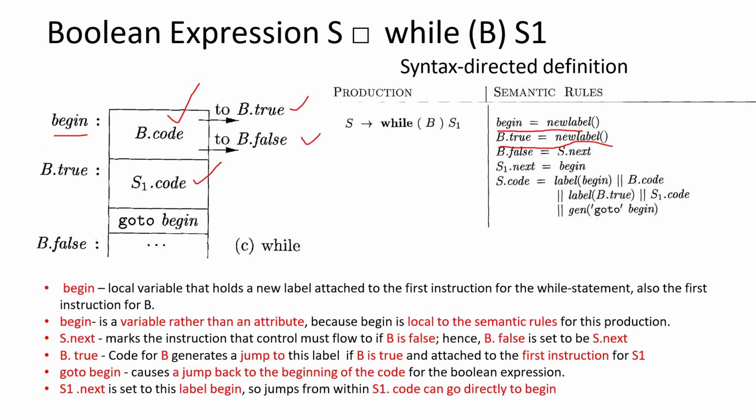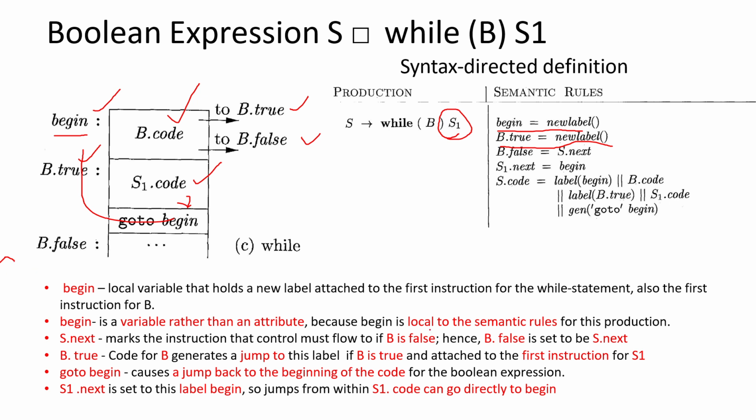Then b.false is s.next, whatever the next of s is, that will be b.false, that is, b.false equals s.next. And s1.next equals begin, so after executing s1, it will go to begin.